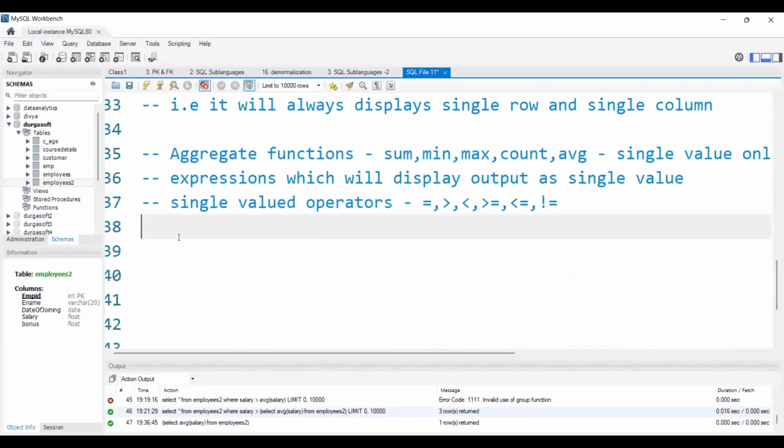First let's solve some examples on these single value subqueries. As we saw, the previous example also comes under single row subquery only. And now let's try to solve by using the Maven Movies database.